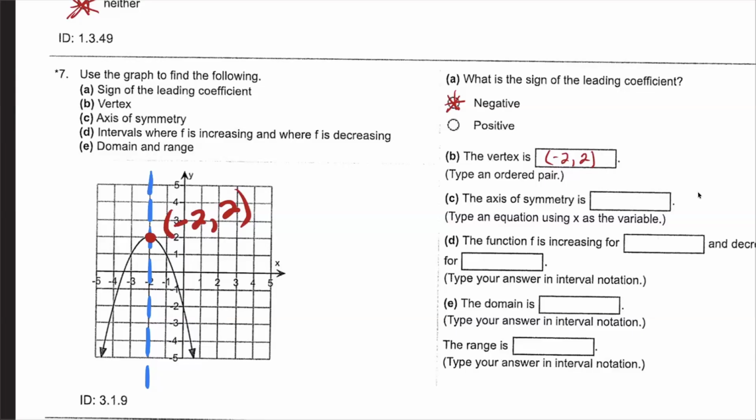So once you find the vertex, you have really the value for your axis of symmetry. It's going to be the line x equals -2 because it's literally going through the x value where x is -2. So that's the equation. But you must read the instructions right below. It says type an equation using x as the variable.